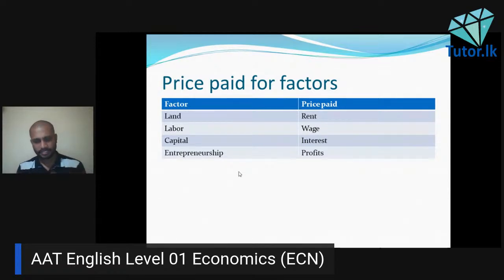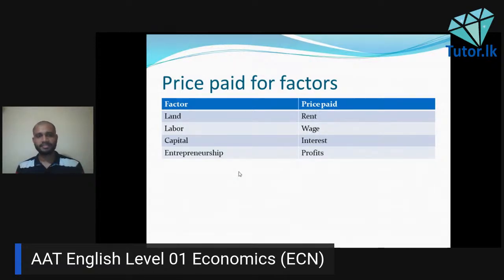Why? They are utilizing the land, the labor, the capital, the entrepreneurship. So the company should pay for these factors, otherwise nothing will come for free for the companies.